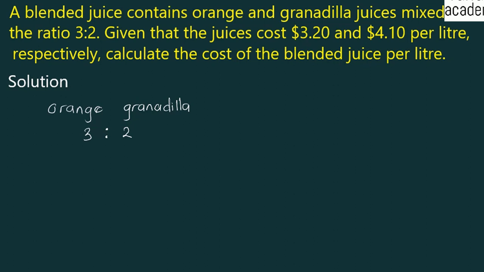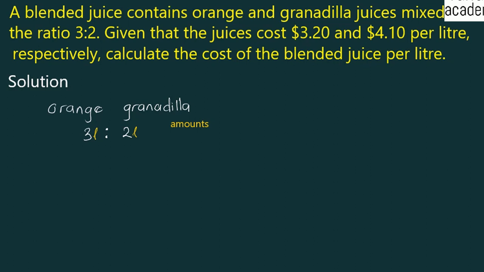If you can recall from the previous example, we had real actual amounts, but in this case we've got a ratio, and the ratio is representing our amounts. So we can just put any units. I've put here liters, so it's just the same as saying it's 3 liters to 2 liters.